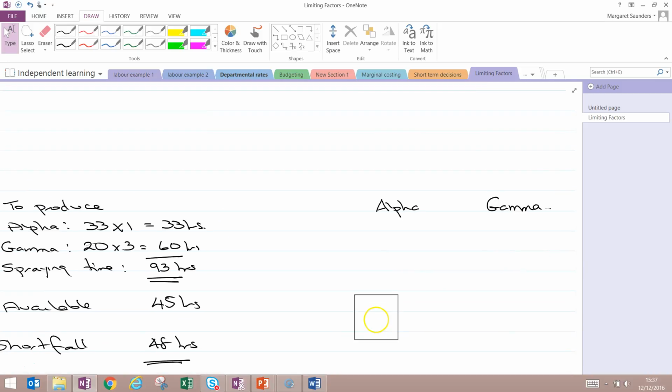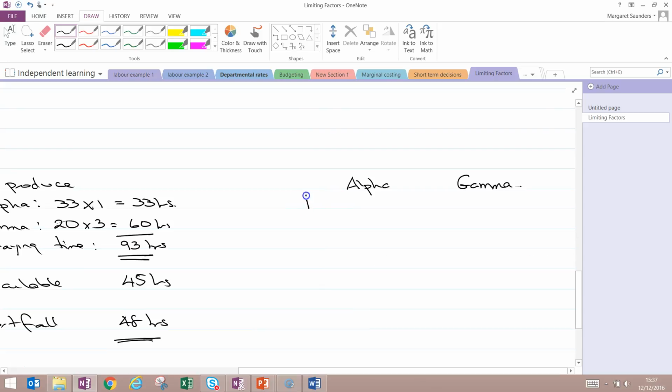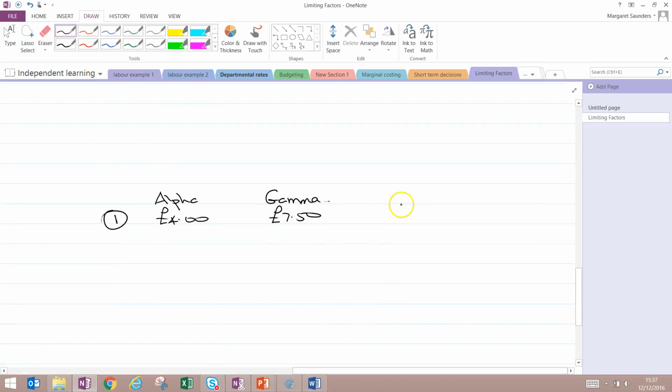So this is the contribution per unit, and actually it's step 2, not step 1.